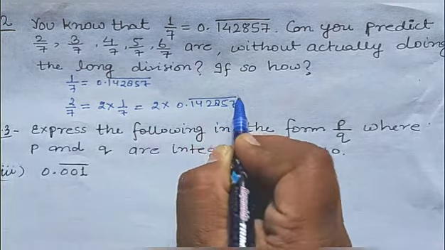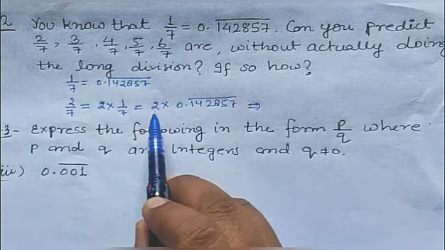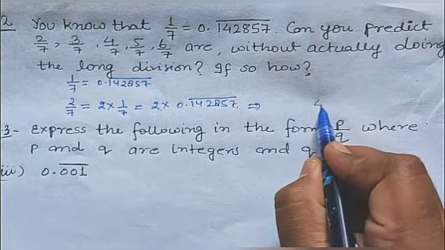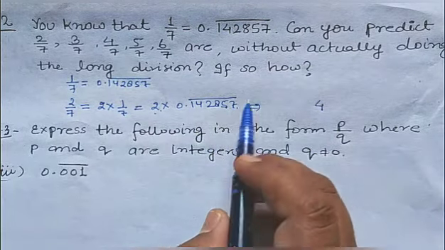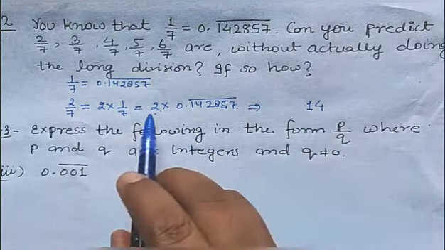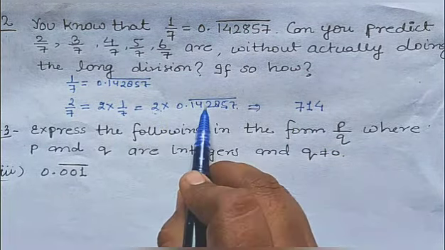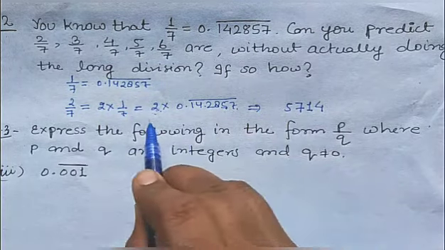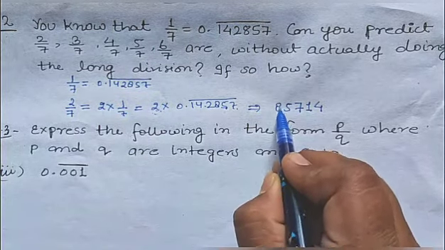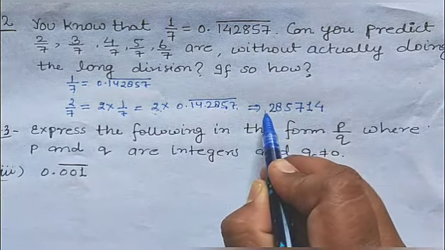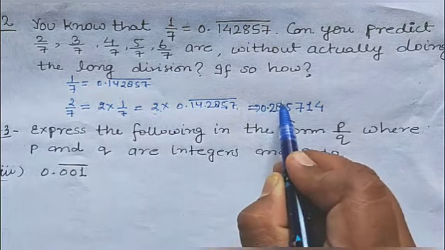So 2 into 0.142857, like this. If we multiply it, 2 7s are 14, carry 1, 2 5s are 10 plus 1 is 11, again carry 1, 2 8s are 16 plus 1 is 17, carry 1, 2 2s are 4 plus 1 is 5, 2 4s are 8, and 2 1s are 2.